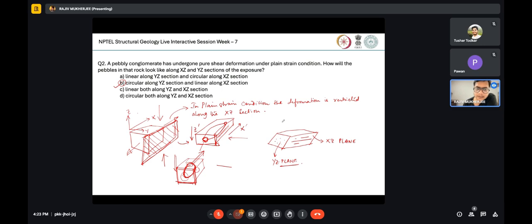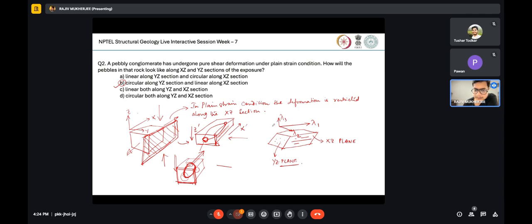So this is how deformation is taking place, and because of that deformation, which is pure shear and under plane strain condition, the main section that we observe, that is the xz section, because x is along lambda 1. So if I just plot lambda 1, lambda 2, and lambda 3, this will be along like this. So this is lambda 1, this is lambda 3, and this is lambda 2.